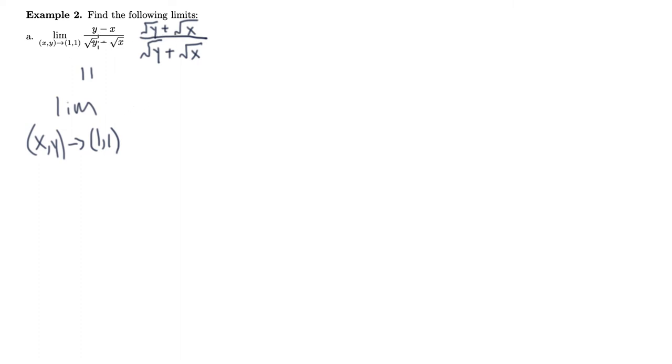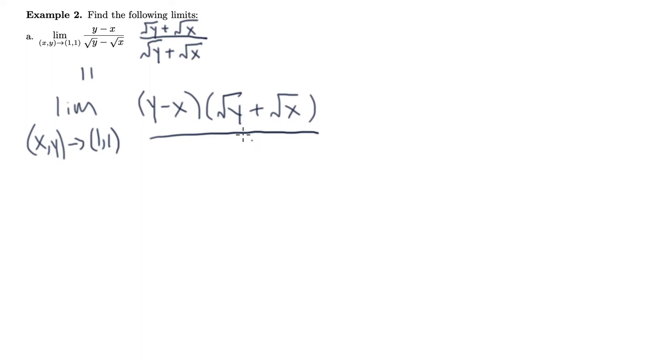So if I actually perform this multiplication, I have in the top (y minus x) times (square root of y plus square root of x), over, now this is the whole reason I did this, a difference of squares. So I'm going to get y minus x in the denominator.